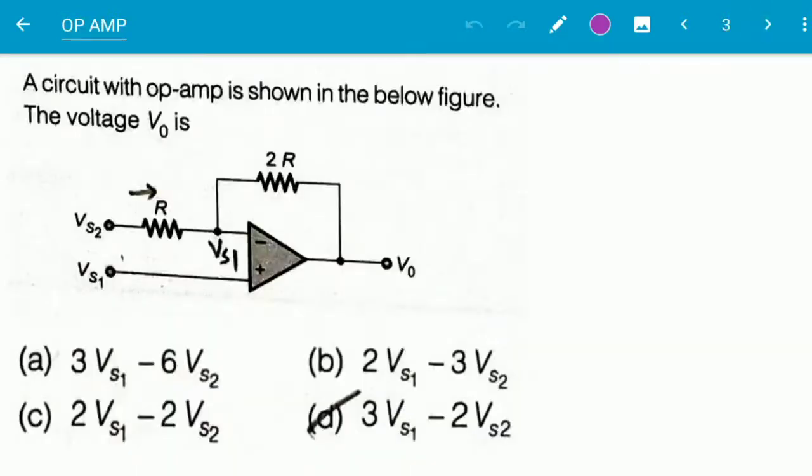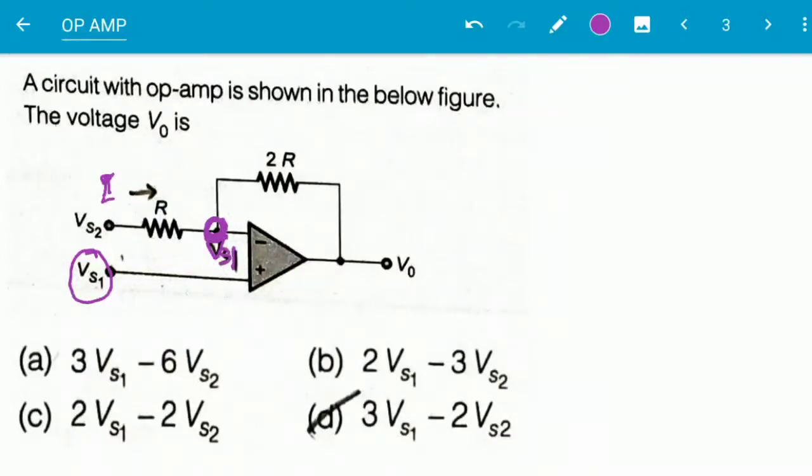Next question: a circuit with an op-amp is shown in the figure. The output voltage V0 is asked. In this problem, what is the current I here? We have to find out. First thing, here Vs1, so the voltage at this point also will be Vs1.